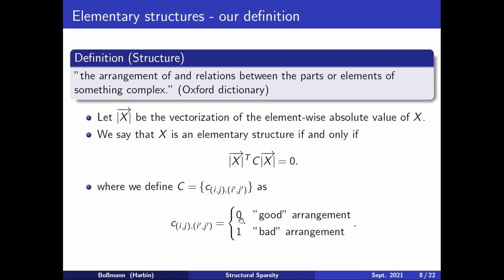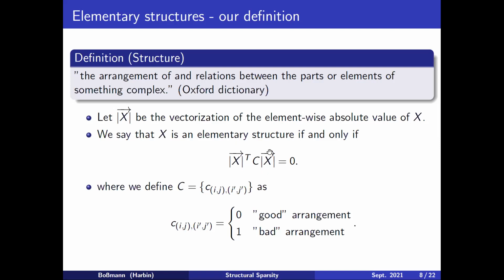We can either set it to 0 to say this pair is fine, allowed in our elementary structures, a good relation or a good arrangement, or we can set it to 1, saying this is something bad, we don't want to have this pair in our elementary structures. If we have this matrix, we can define all our elementary structures by this formula, and with the elementary structures we can define our norm as seen on the last slide. So that's the theory behind this.